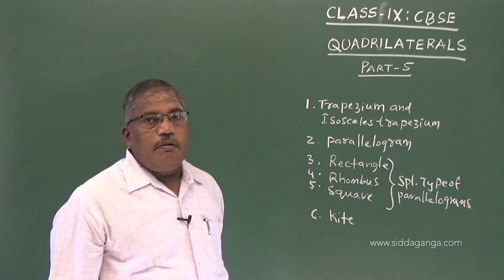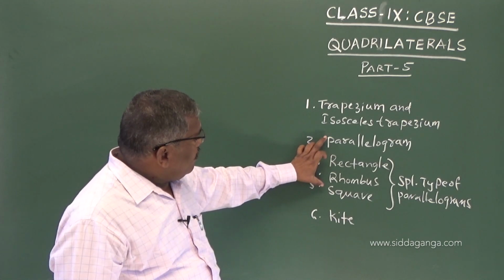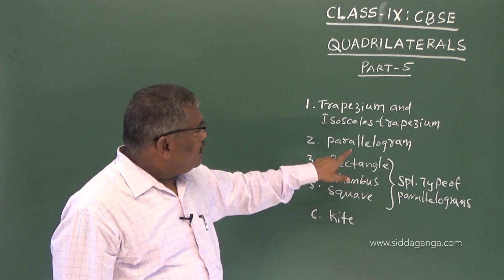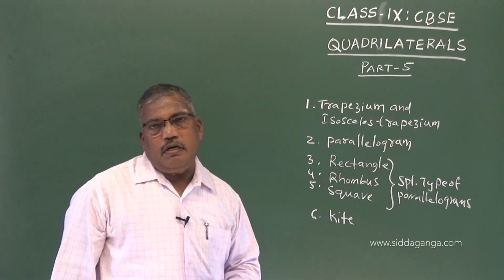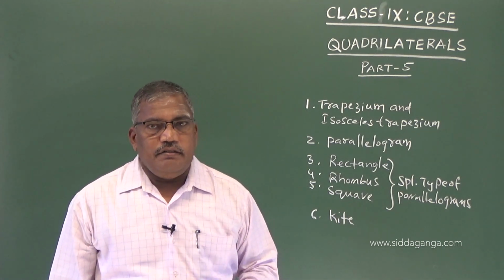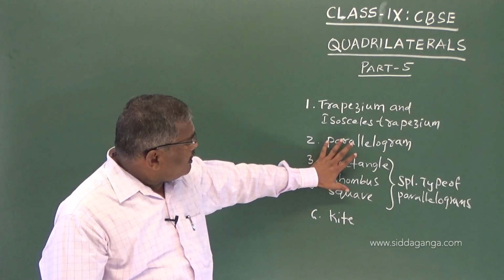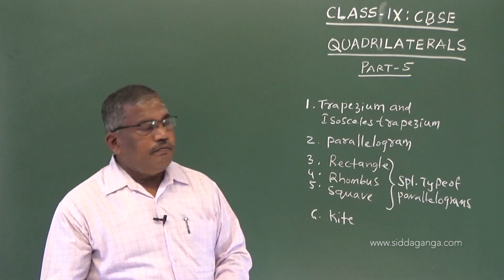In your syllabus, you are supposed to study more about parallelograms and special types of parallelograms. There are about 8-9 theorems on this in your syllabus. From 2 to 5 is your main syllabus.